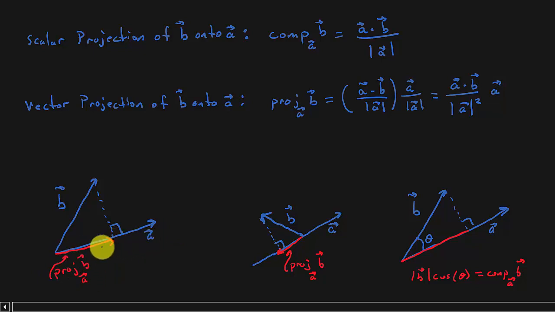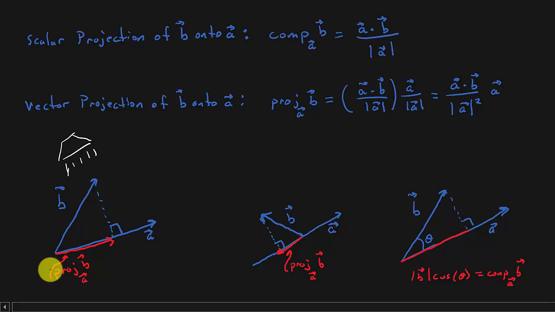So this would be the vector projection right here. We've got two vectors, A and B. So the vector projection is this vector right here. You think of it like if you're shining the light down, and then that shadow it would make, that's your vector projection.